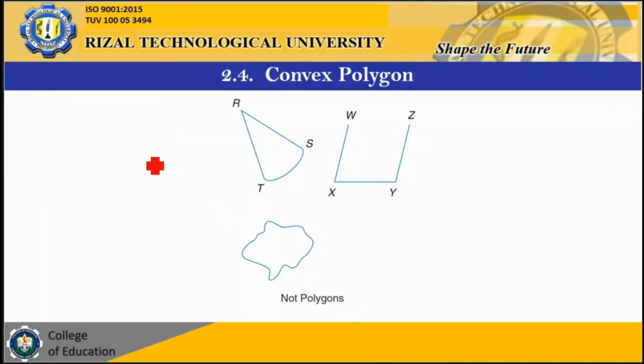So basically, in the first, let's say this one is A, we can say that this is not a polygon, because notice that even though RT and RS are segments, ST is not a segment but a curve.